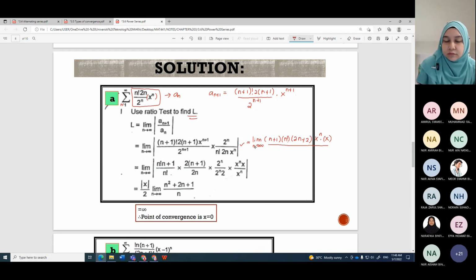Divide. Okay, expand yang ini. Jadi 2n times 2. Okay, so multiply with 2n to the power of n over n factorial 2n x power of n.